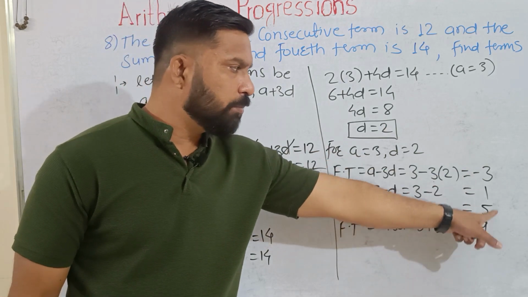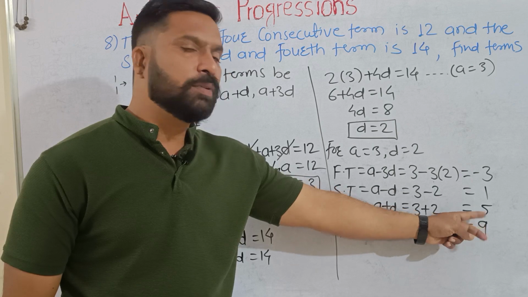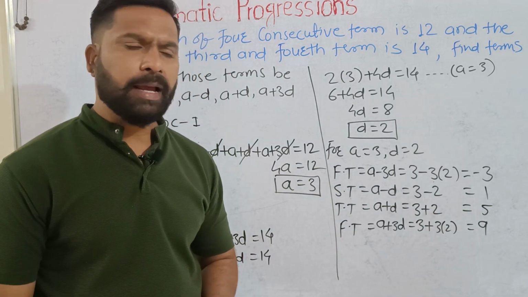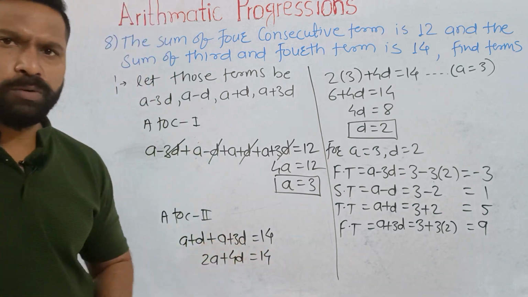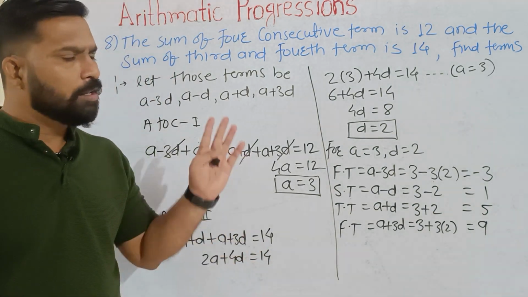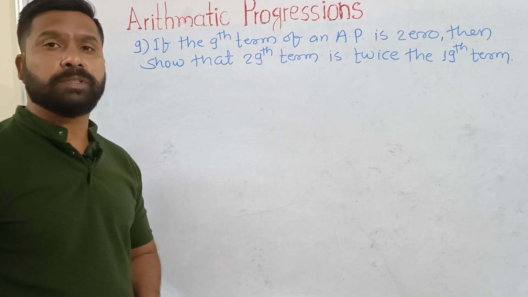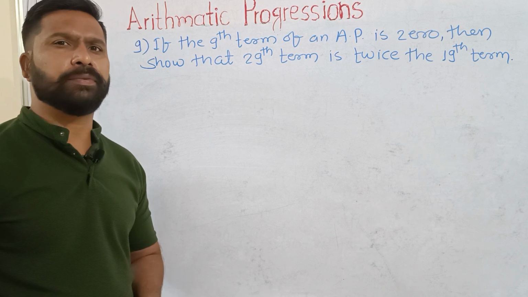Sum of all of them is 12. Sum of the last two of them is 14. And very easily it is satisfying the condition. I want you to observe the board once. If there is any difficulty, observe the video again. This exercise is a little bit tricky.